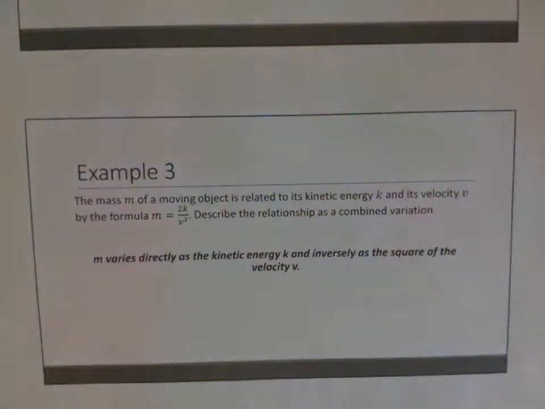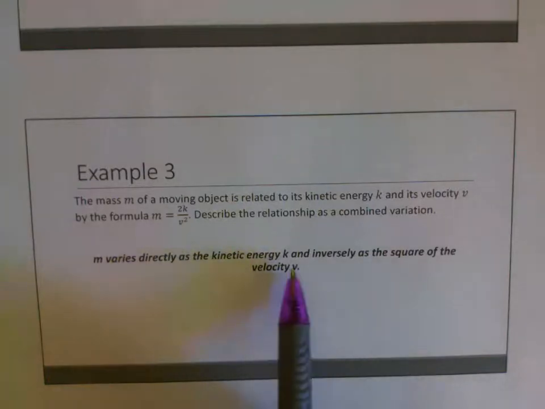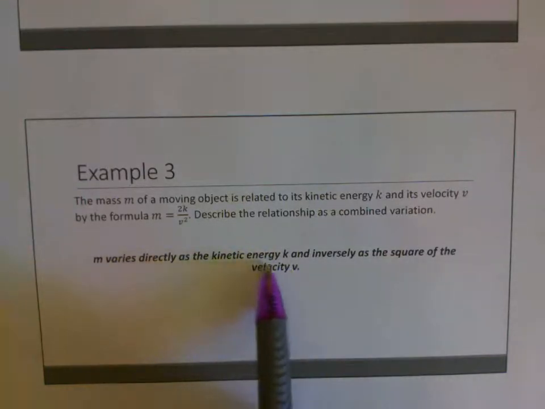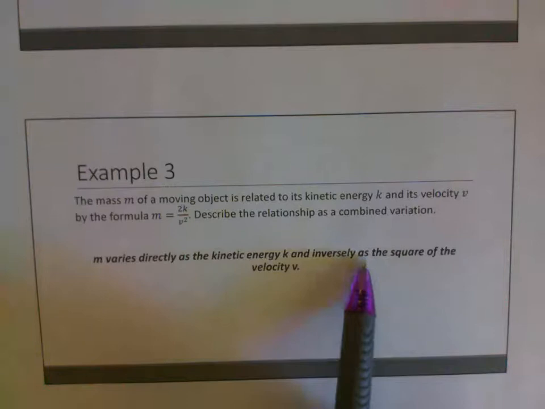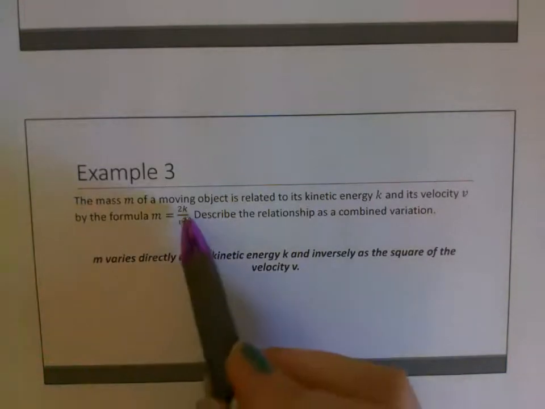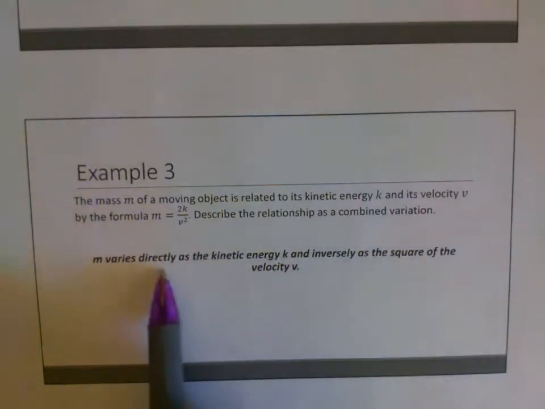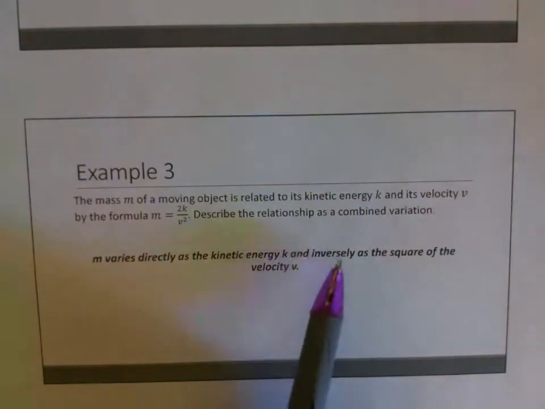M varies directly with the kinetic energy K, and inversely with the square of the velocity V. So there are two different variables that should be represented, K and V, and I've got the direct, I've got the inverse, so we're set there.